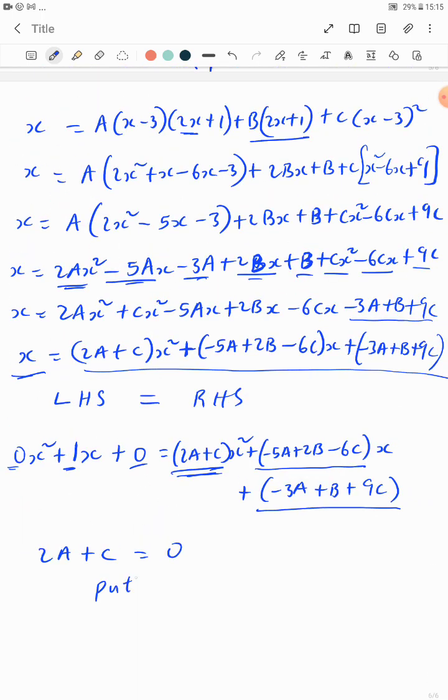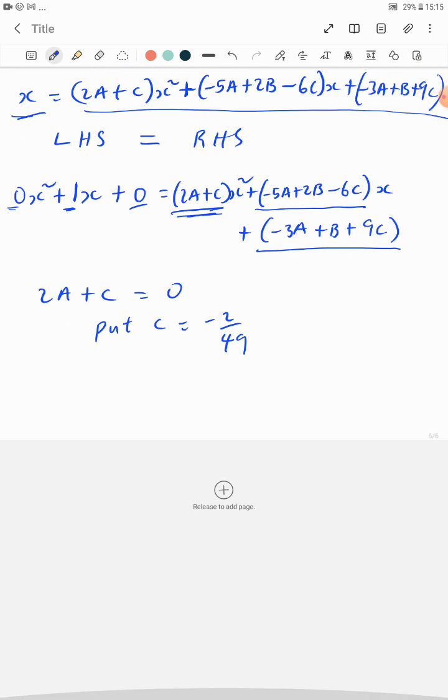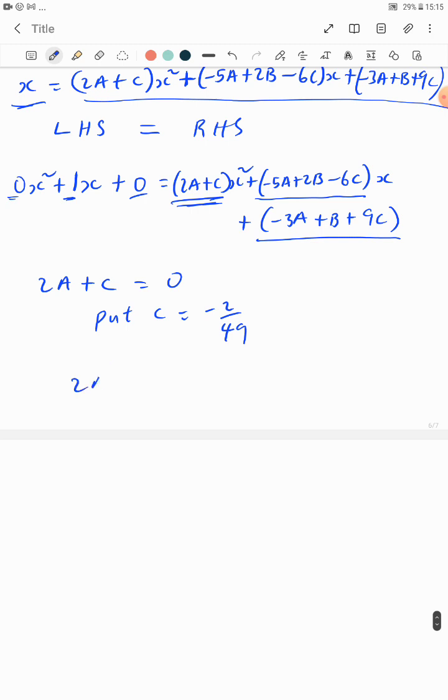Put c equals minus 2 over 49. So that would be 2a plus bracket minus 2 over 49 equals 0. So we can say 2a minus 2 over 49 equals 0. 2a equals 2 over 49.